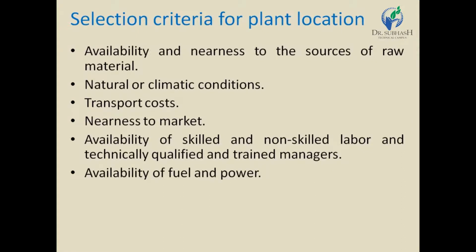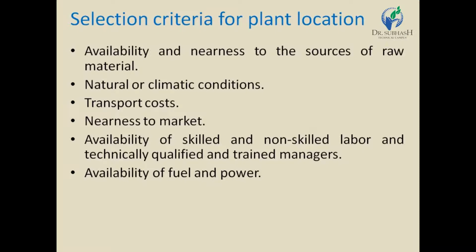Next criteria is availability of fuel and power. Availability of fuel and power, that again depends. Power means electricity. The electricity should be continuously available at cheaper rate, at minimum rate. And fuel again depends on the type of industry.